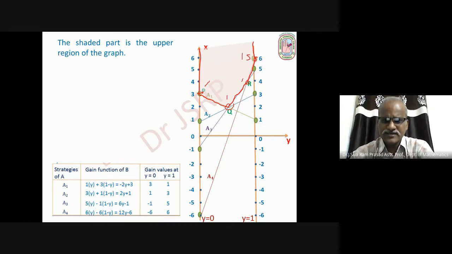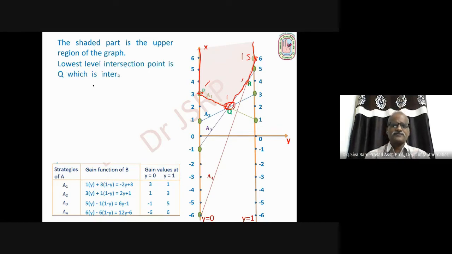Among these, what is the lowest level intersection point? Q is the lowest level intersection point. Since player B is a minimax player, he tries to select the strategy with low gains, with low payoff. Low payoff means the lowest level point.